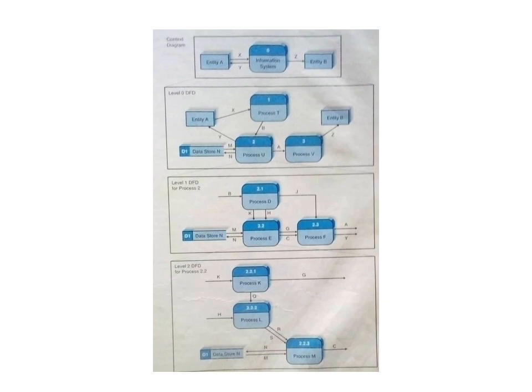If you look at what we have on the screen, you can see process T, process U, and process V as the main processes that this system is to do. On this level, you can also see the entities that perform a particular process, and the data stores being referenced for a particular process. It must not necessarily be one data flow. As many data stores as are referenced are represented in this level.